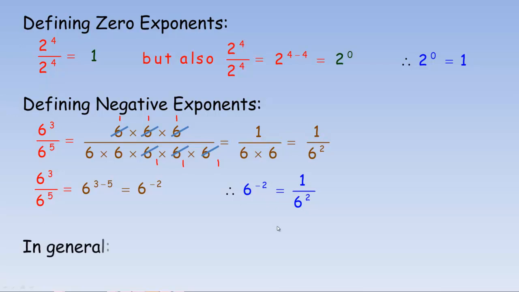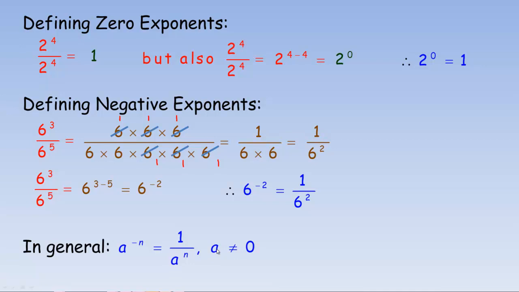Now, in general, it doesn't matter what number's in that base. I'm going to call the base a number A. I don't want to just always use a number like 6 or 2 or 10 or 3. So if I call the base A, it could be any number whatsoever. A raised to the exponent negative n is equal to 1 over A to the power of exponent positive n.